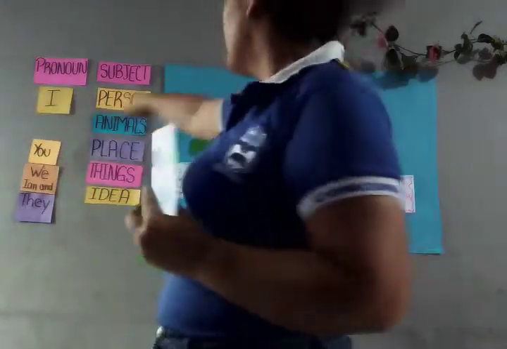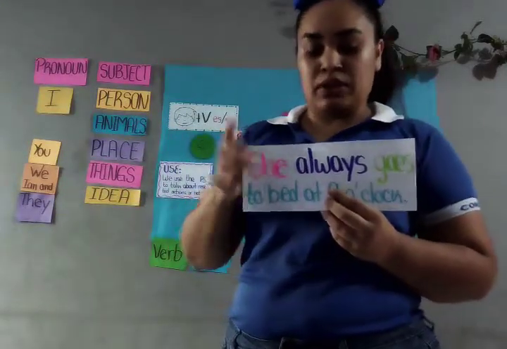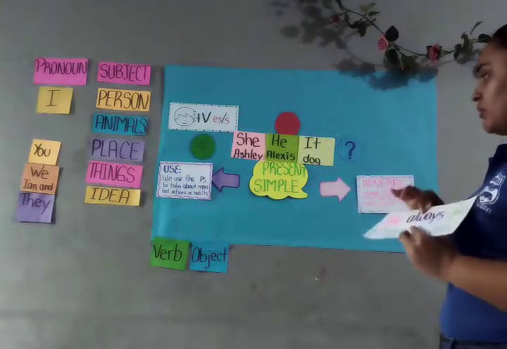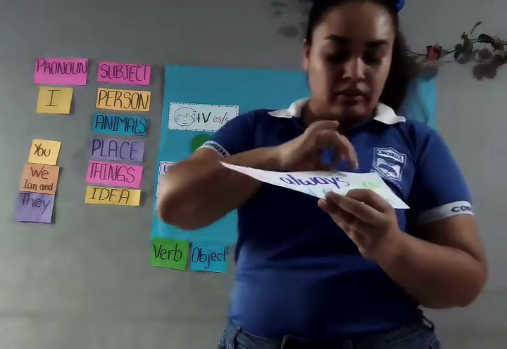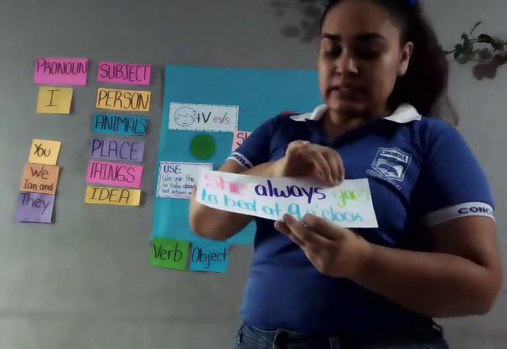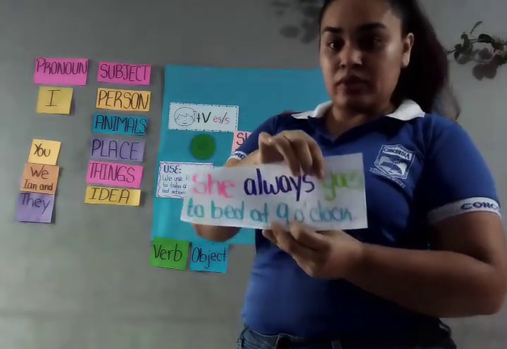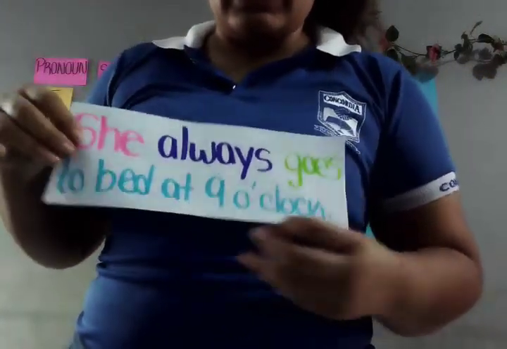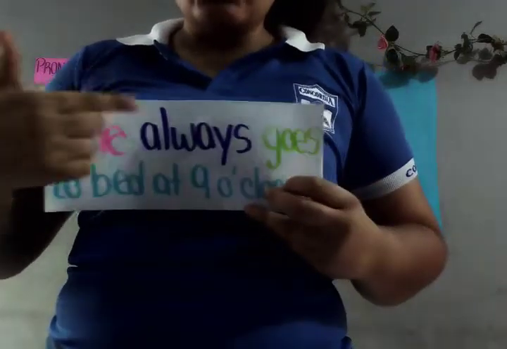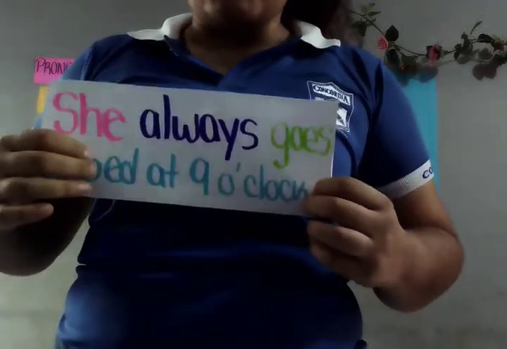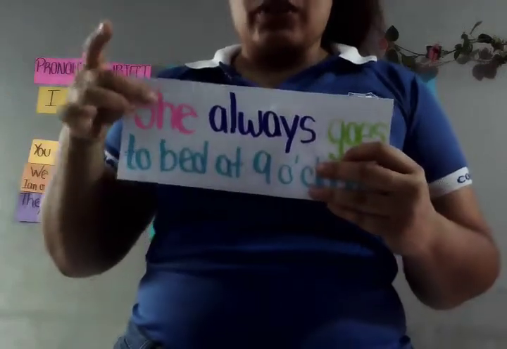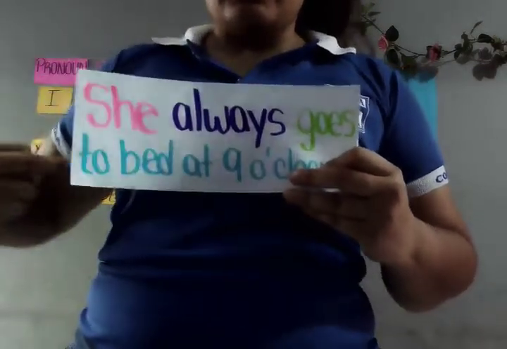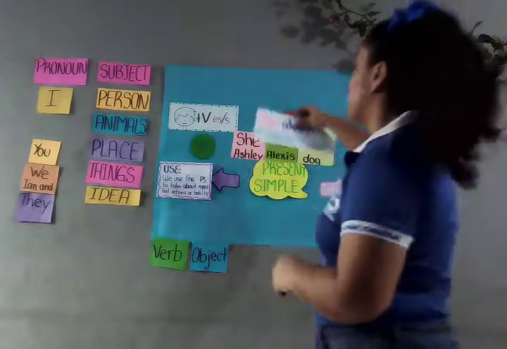For example, subject, pink, adverbs, it's gonna be purple, and this is gonna be the verb, goes, to bed at 9 o'clock. It's gonna be our object. She always goes to bed at 9 o'clock. Okay, so this is the subject, adverb, verb, and object to complete our sentence.